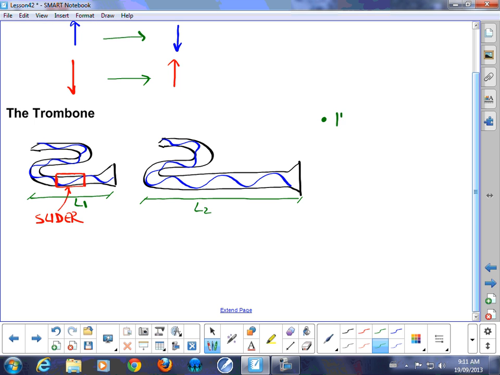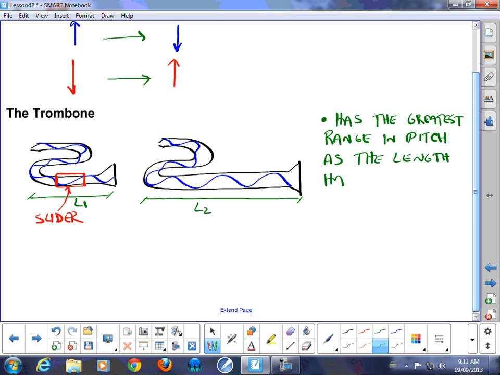First thing, it has the greatest range in pitch, as the length has, and I'm going to put this in quotes, "no restrictions."